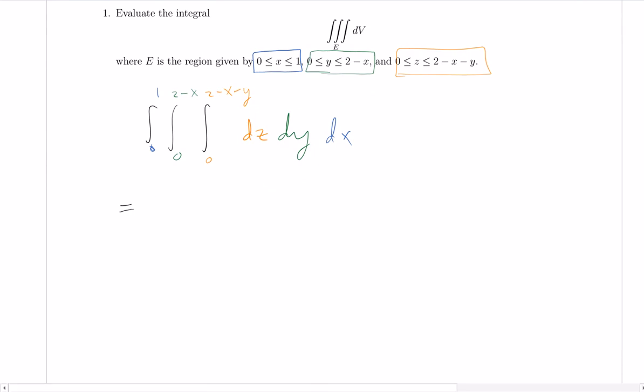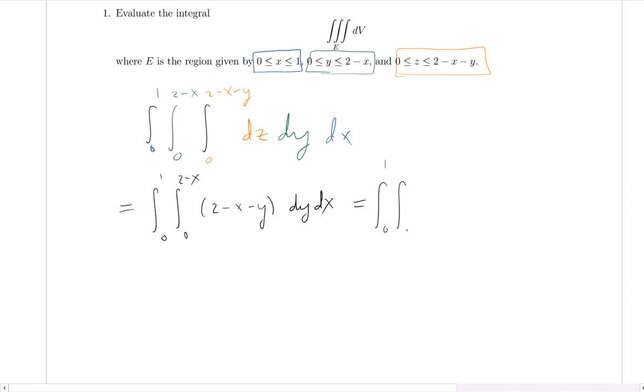So first, the integral of dz is z, so just 2 minus x minus y minus 0. And we're thinking of this as a function of y.